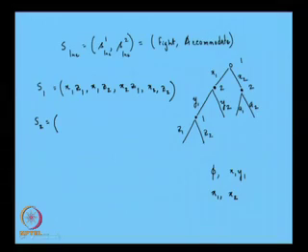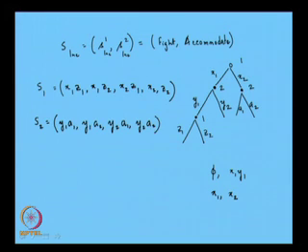So, here also I have to combine these actions y1 y2 with this second set of actions A1 and A2. So, these are the strategies. Each of them is a possible strategy of player 2.